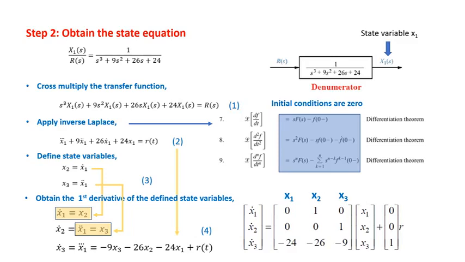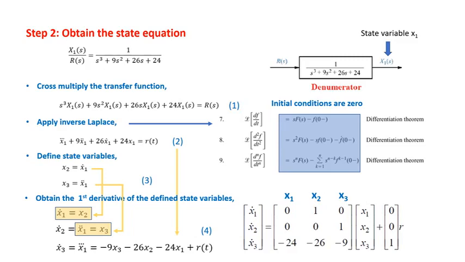Then we need the first derivatives of the state variables, which are x1 dot, x2 dot, and x3 dot, to construct the state equation. From the defined state variables in equation 3, we know that x1 dot is equal to x2, while x2 dot and x3 dot can be obtained by differentiating both sides of equation 3.